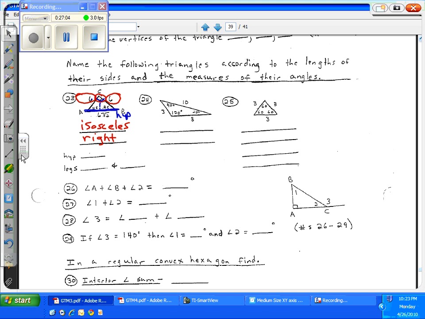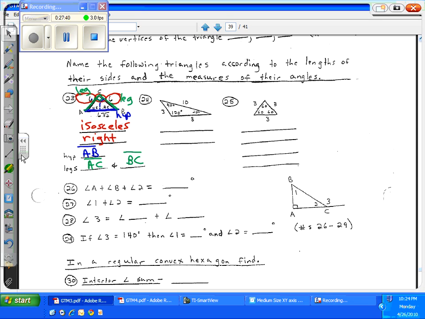And so the hypotenuse is side AB, the side across from the right angle. And the legs are the sides that make the right angle. And so the legs are side AC and side BC. So number 23, we have an isosceles right triangle.